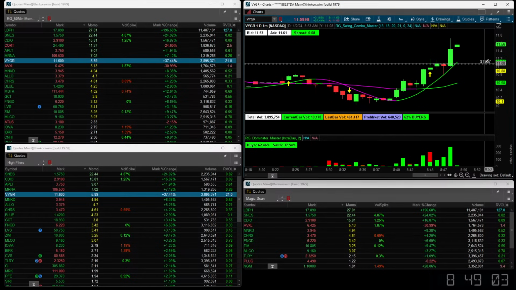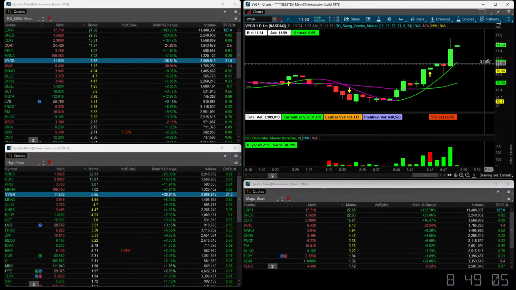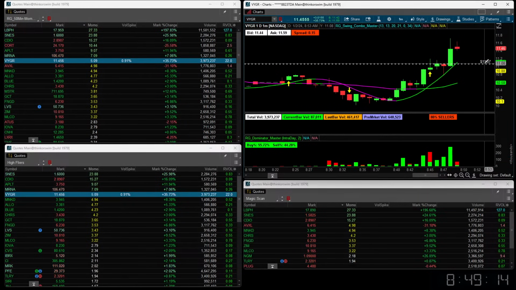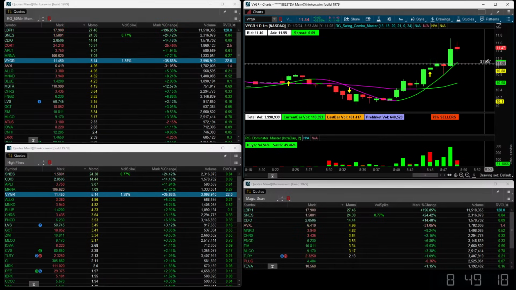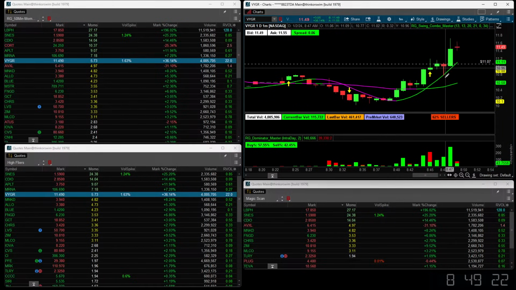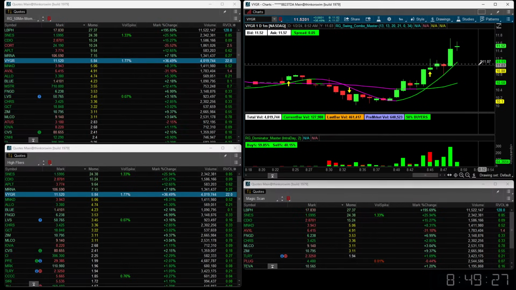Good job, Jay Hart. So whenever I can't set a support level and you see a long tail on that red candle just buying up everything they're selling, that's an indication to maybe take an entry.